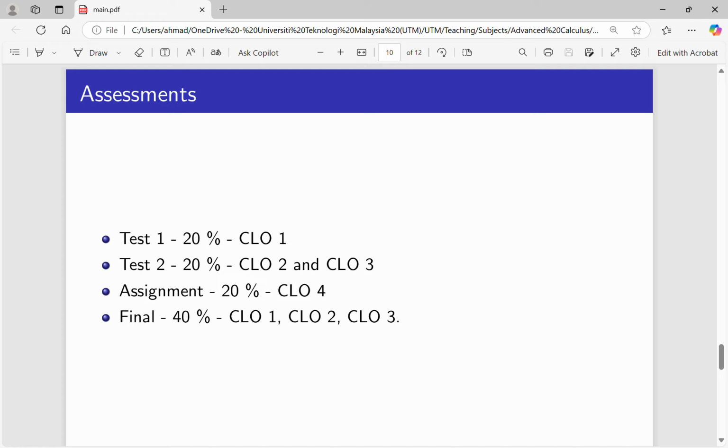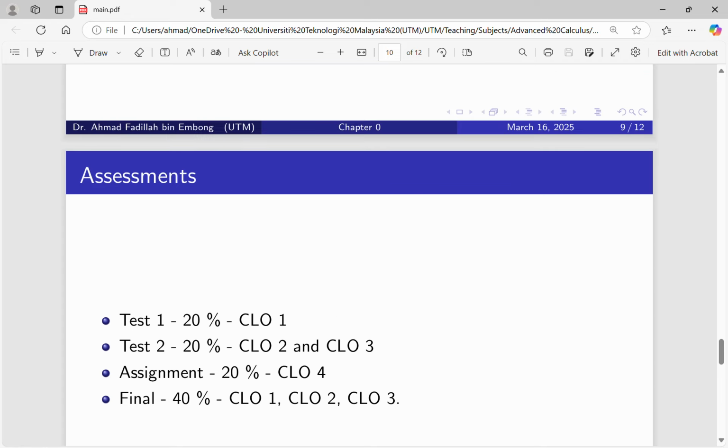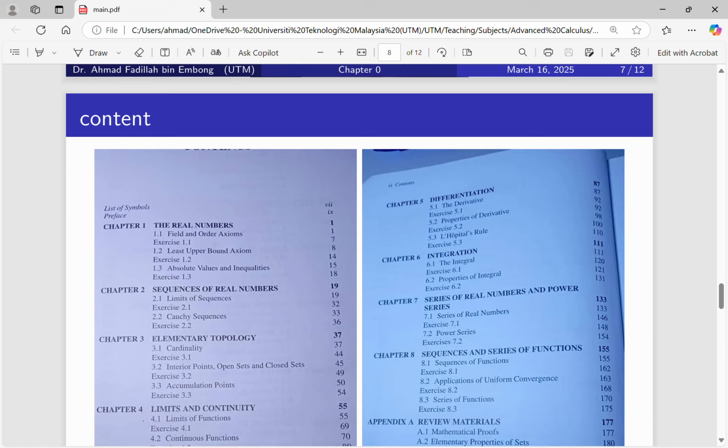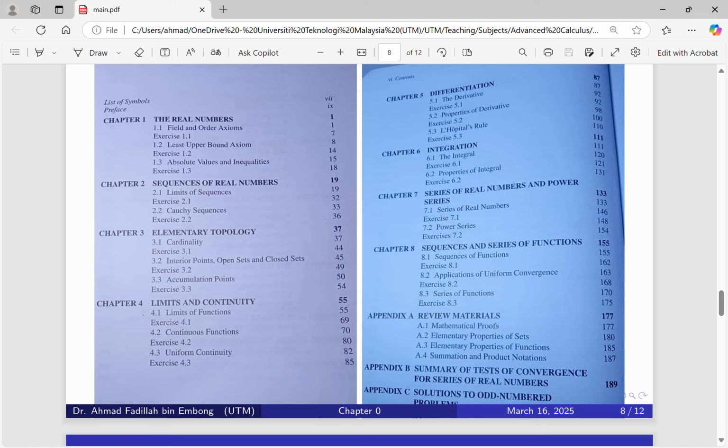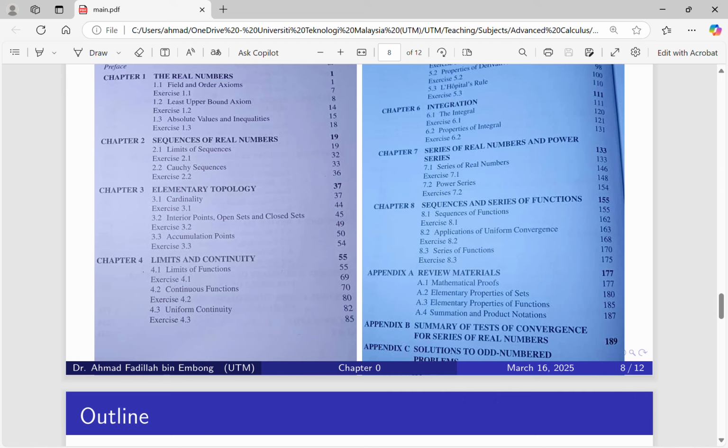Everything that we learn in CLO1 will be asked in test 1, while test 2 is from CLO2 and part of CLO3. CLO2 is chapter 3, and CLO3 consists of chapters 4, 5 and 6, but your test 2 is going to cover chapter 3 and chapter 4, though not all parts of chapter 4, maybe only up until continuous functions. We are going to discuss that later.